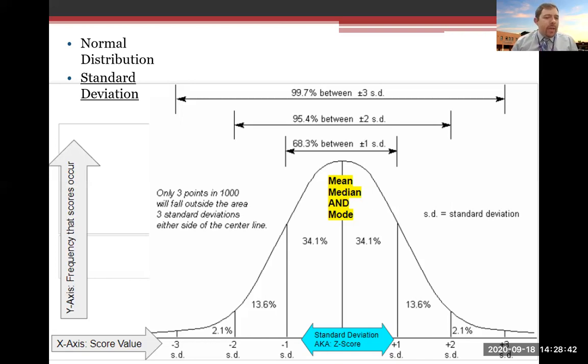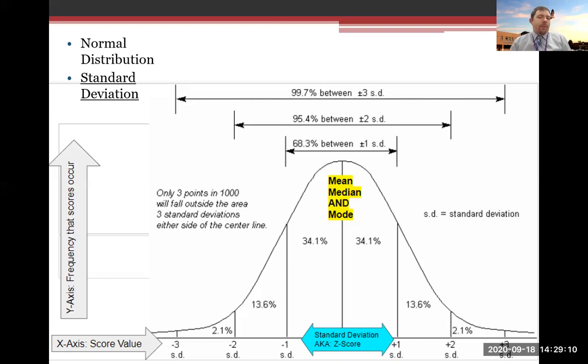So standard deviation, by definition, is a measure of how much scores vary from the mean. So it tells you how close you are to the mean and how similar scores are. So if you have a very large standard deviation, you're telling us that those scores have a lot of variety. If you have a small standard deviation, you're telling us those scores do not have very much variety, or variance would be the other word that we would use instead of variety here.